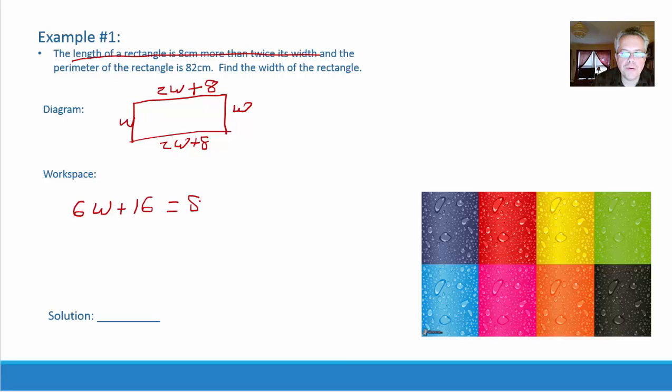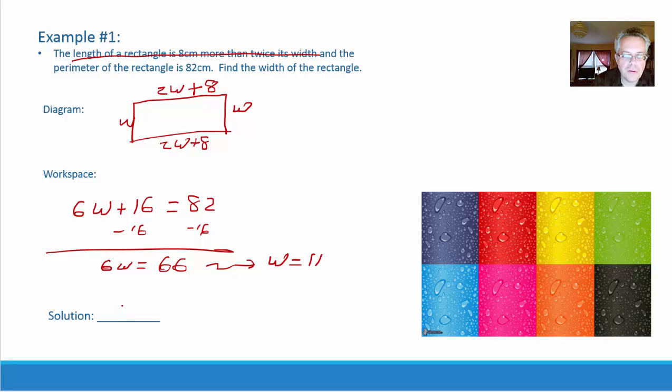We want it to equal 82. If we subtract 16 from both sides, we get 6W equals 66. And if you divide both sides by 6, you get W equals 11. So 11 centimeters. As I said, the solving part, really easy. It's the setting it up. And so the diagram is important.